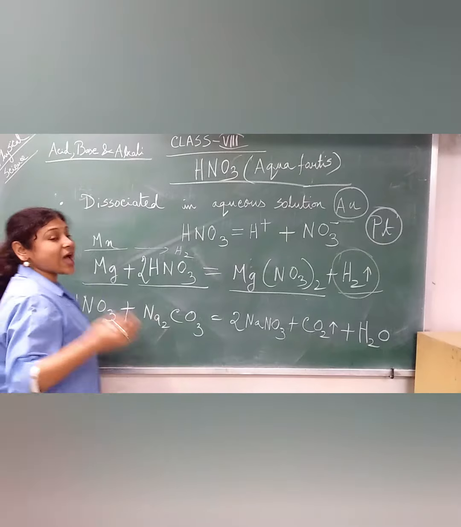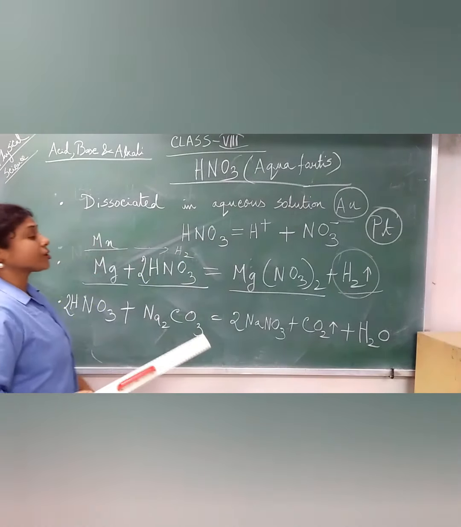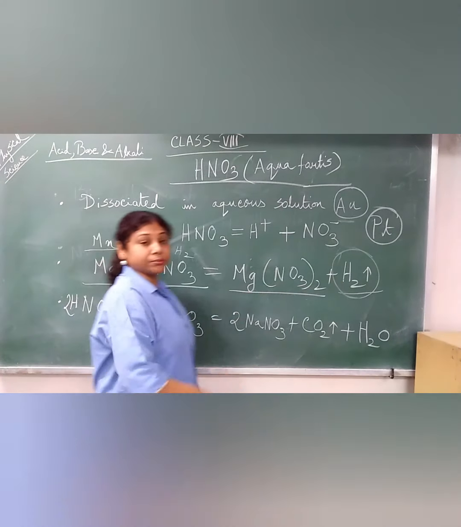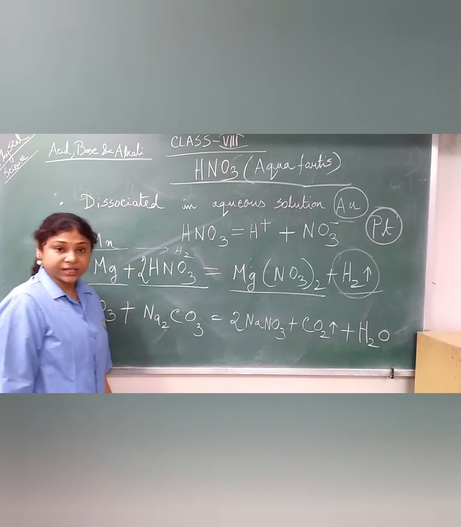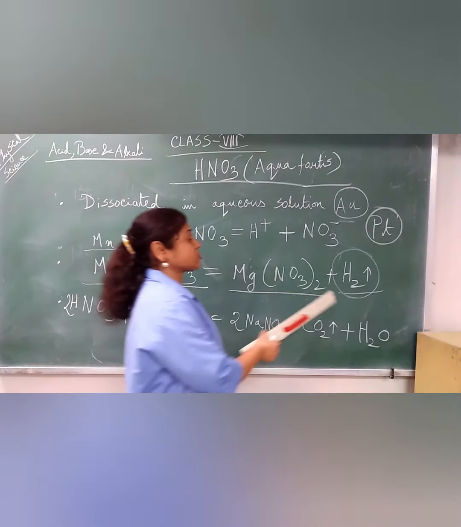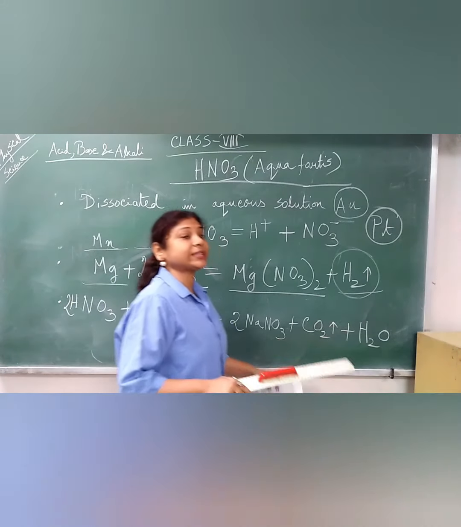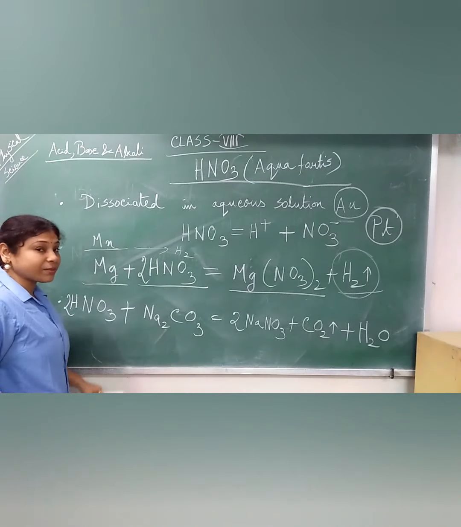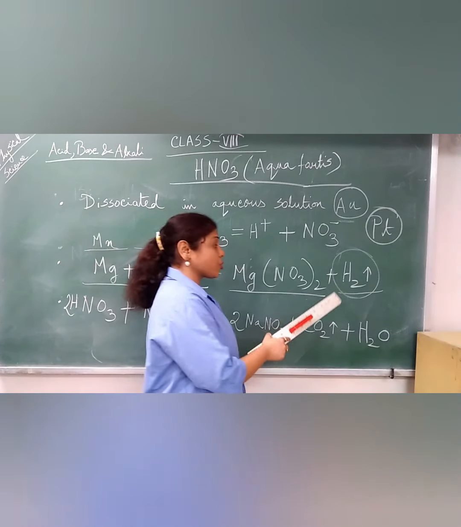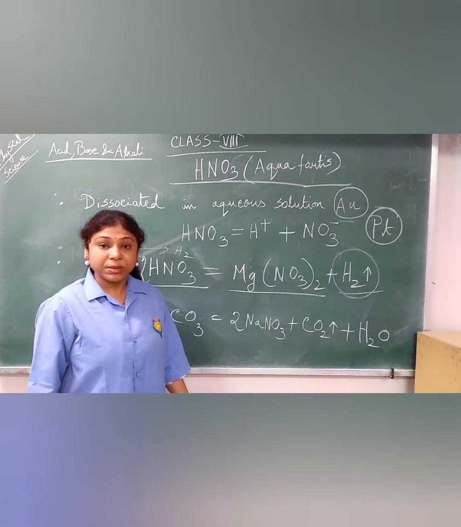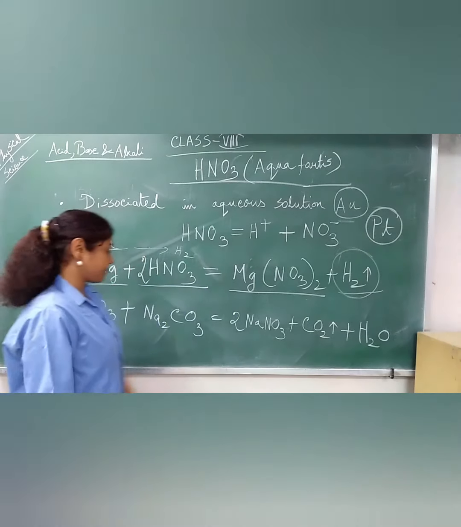But with the other metals, unlike other acids, HNO3 doesn't produce hydrogen because it is obviously a high oxidant. That's an oxidizing agent. That's why H2 will be oxidized to water. So with the reaction of other metals except these two metals, HNO3 doesn't produce hydrogen gas because their hydrogen will be oxidized to water.